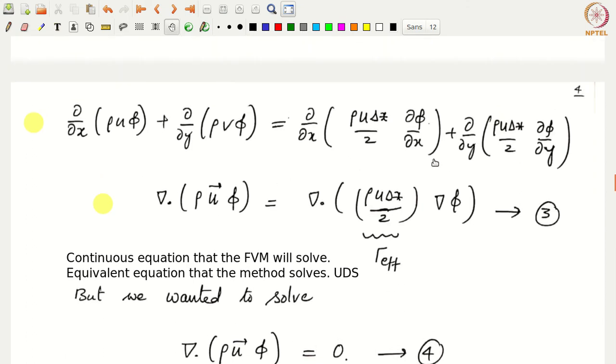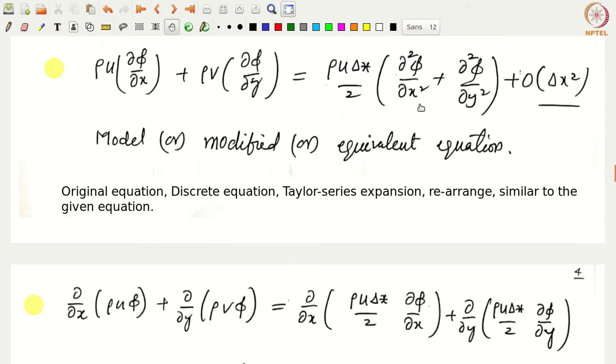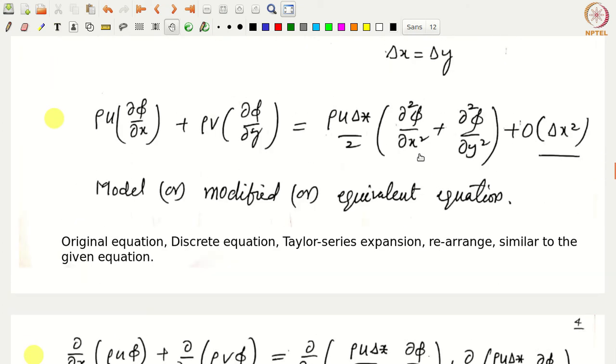Now, in general, not only the upwind difference scheme, but any method that we use, if the modified equation has even order derivatives, such as dou square phi by dou x square, a second order derivative, then we can call that method always diffusive.